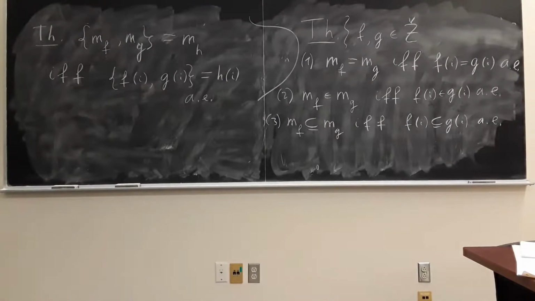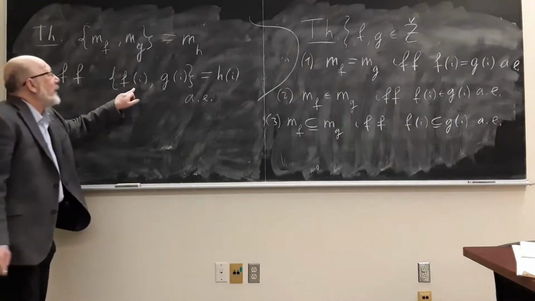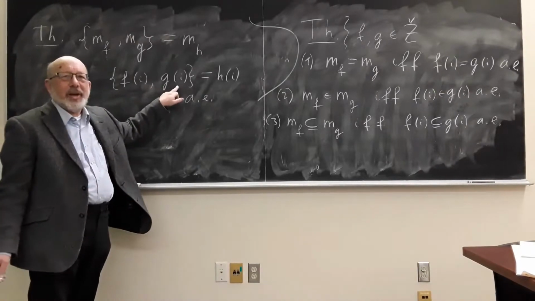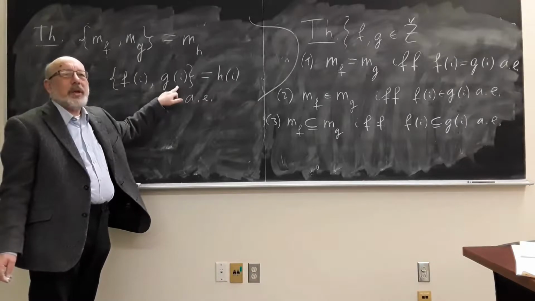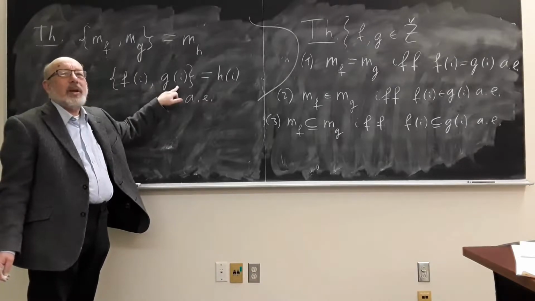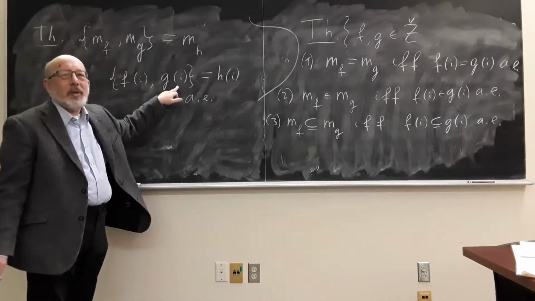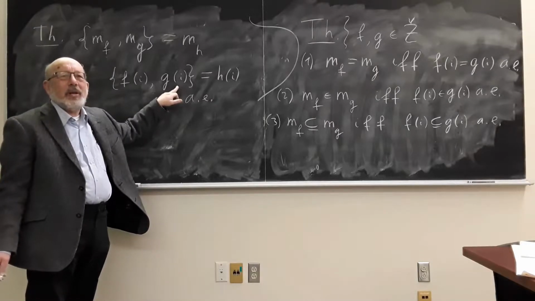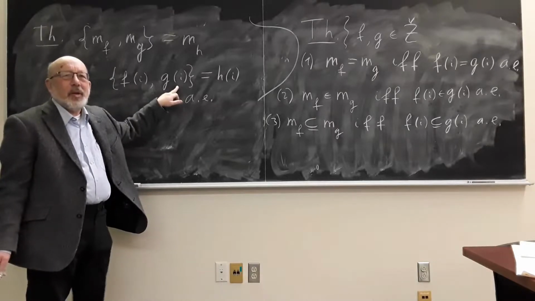A little bit mysterious thing. So we have two functions, f and g. To be sure, let us suppose for a moment that they are in Z0.